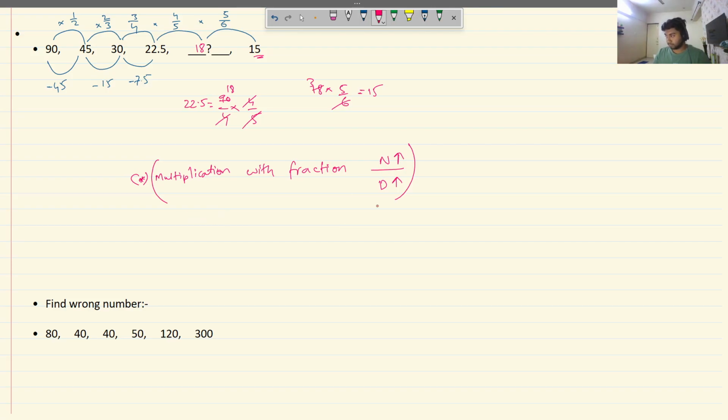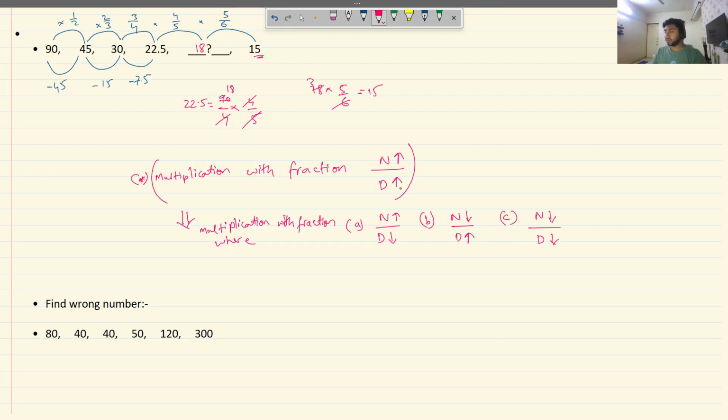For example, multiplication with fraction where numerator increases, denominator decreases, or numerator decreases and denominator increases, the vice versa of this, or complete opposite of this, where both numerator and denominator are decreasing.